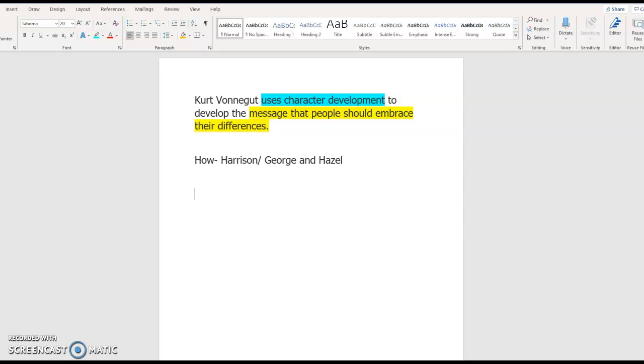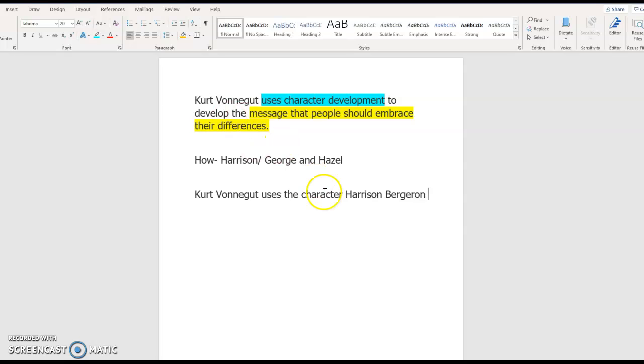So let's consider this. Let's say we want to use Harrison. So we can say Kurt Vonnegut uses the character Harrison Bergeron. How does he use him?